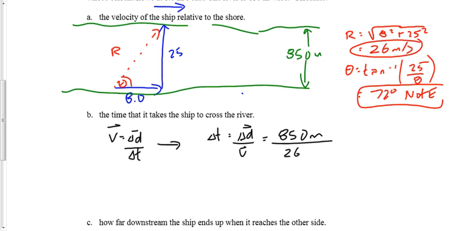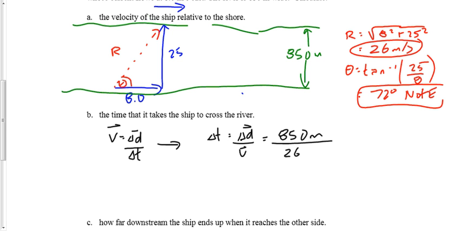Here's the thing. The second day of class this semester, when we learned about velocity, we learned that if something moved to the right, the velocity was to the right. If the displacement was down, the velocity was down. If the displacement was to the east, the velocity was to the east.